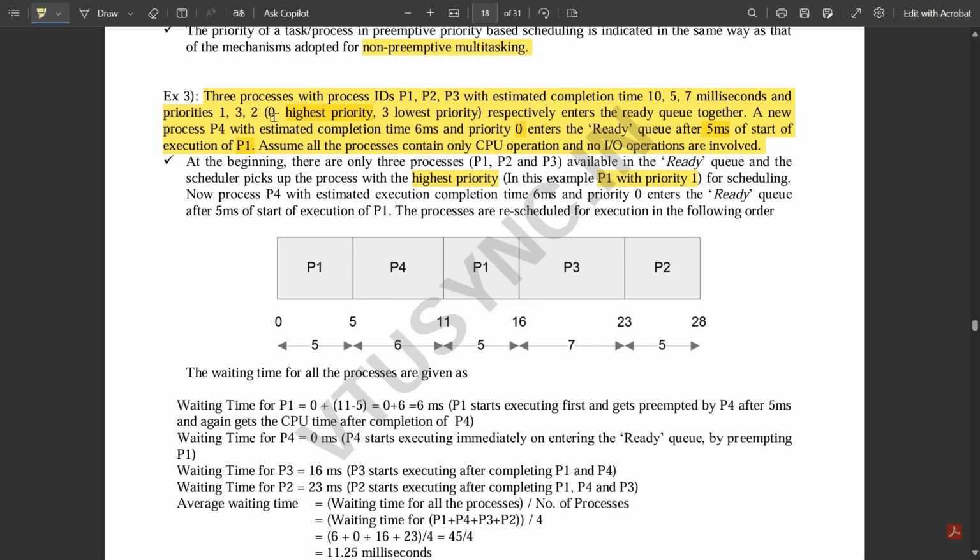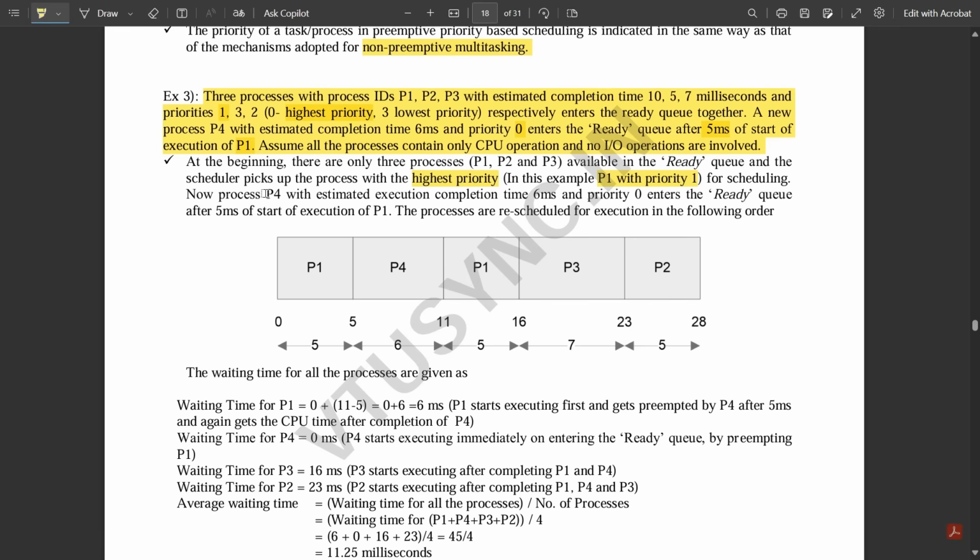Because in the bracket they have mentioned 0 as the highest priority and 3 as the lowest, and the priorities for P1, P2, P3 are 1, 3, 2. They have not mentioned 0, but after 0 the highest priority is 1. So that's why P1 is selected for scheduling.